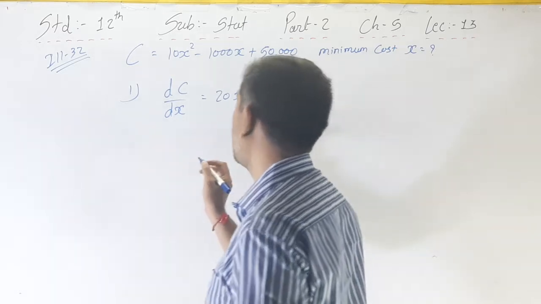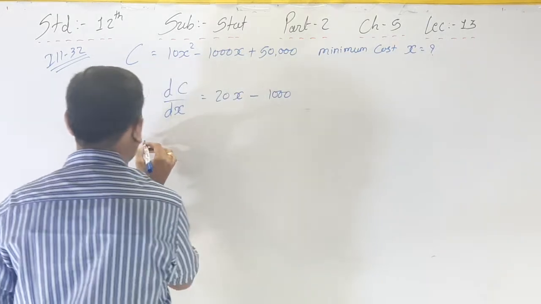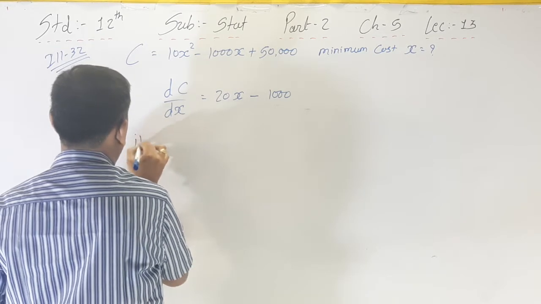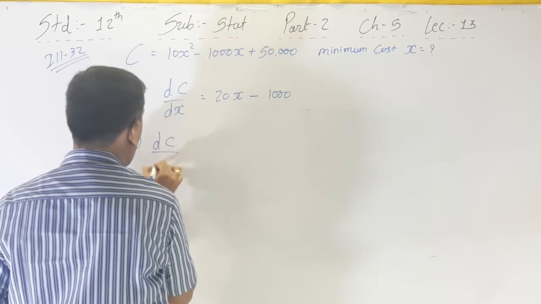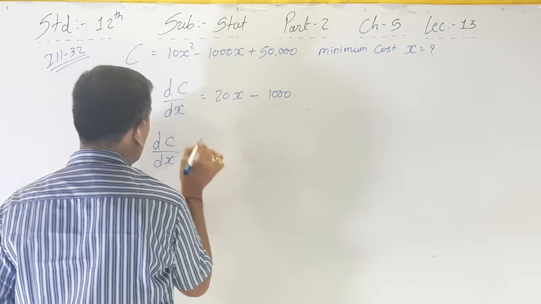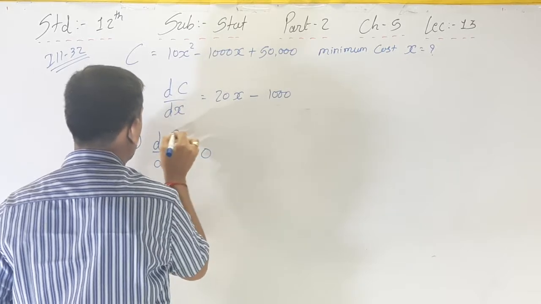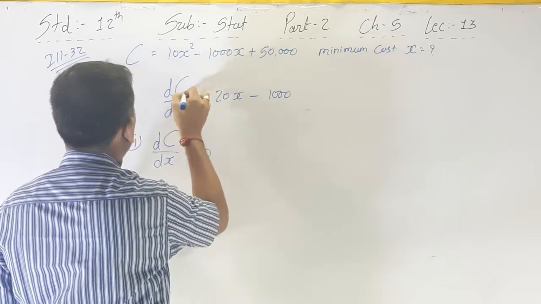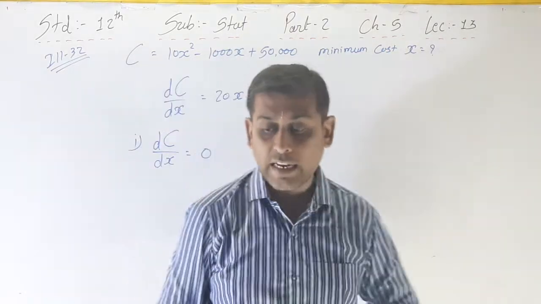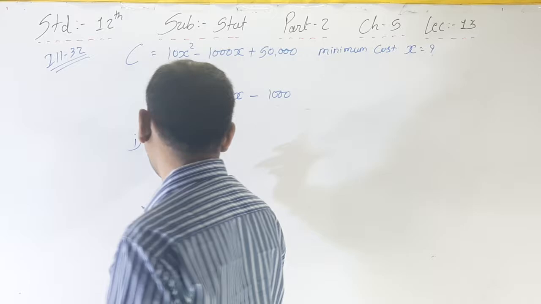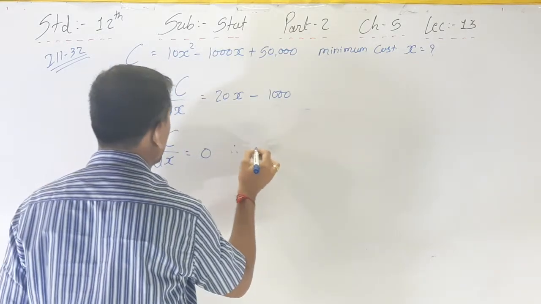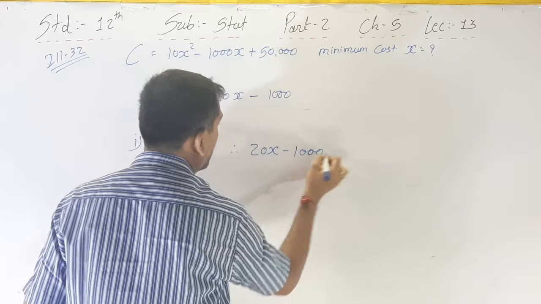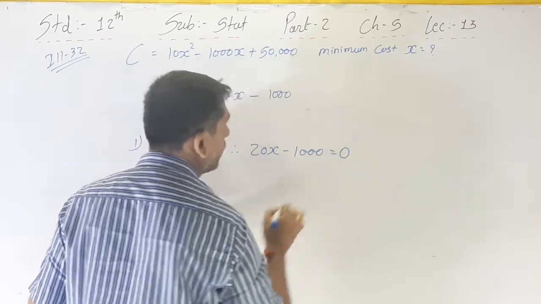Now we have a first condition that we have to put dC by dx is equal to 0. Okay, so here therefore we can say that 20x minus 1000 is equal to 0.